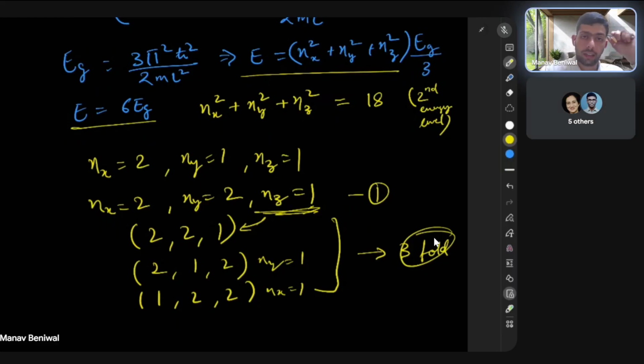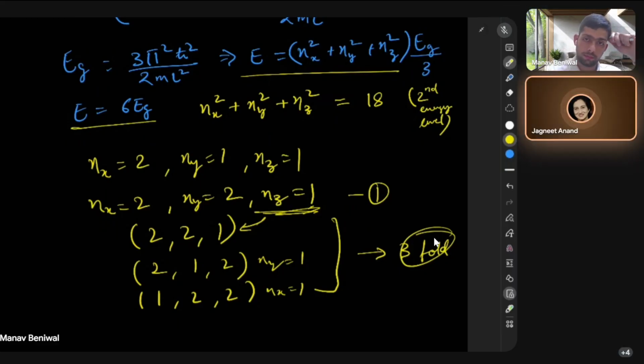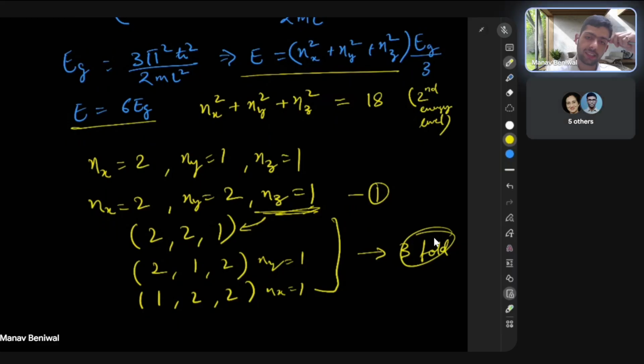One query. It is nx squared plus ny squared plus nz squared is 18. So if I take nx 2, ny 1, and nz 1, then this equation is not satisfied, right?